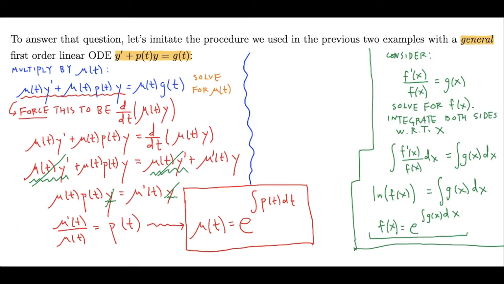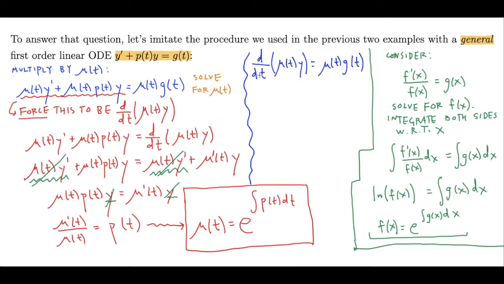If I now return to my original differential equation, and if I can make the assumption that we forced here, that this left-hand side is in fact the result of the product rule, that is the result of the derivative with respect to t of mu of t times y, then let me see what happens to the rest of my differential equation.